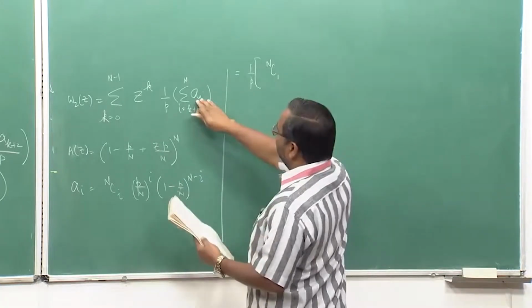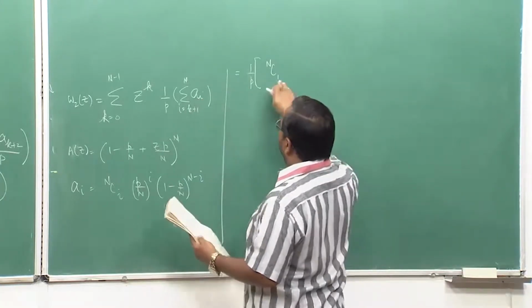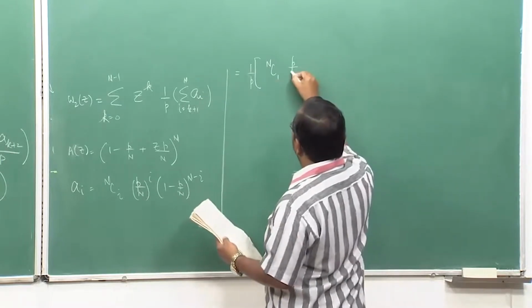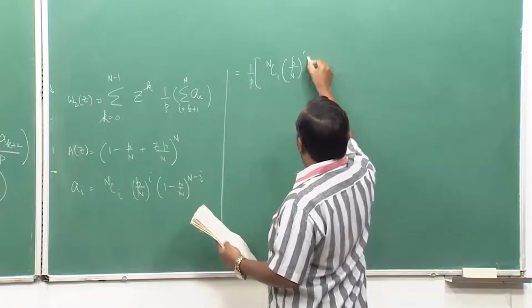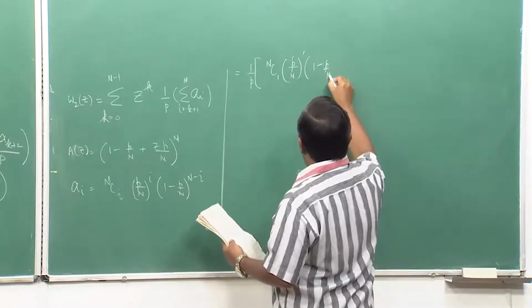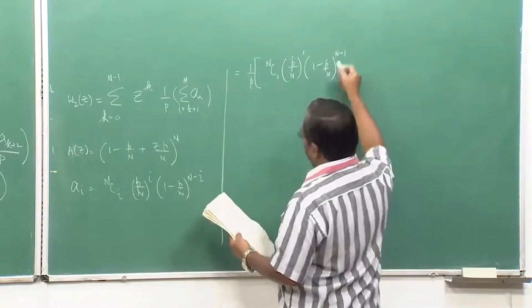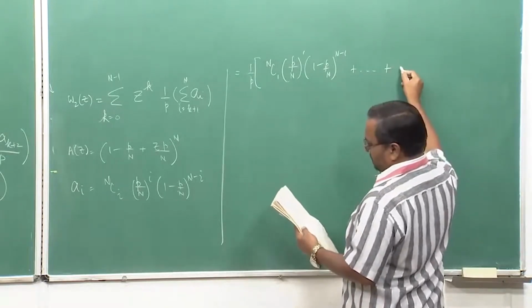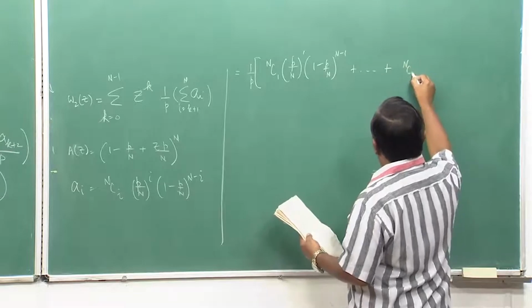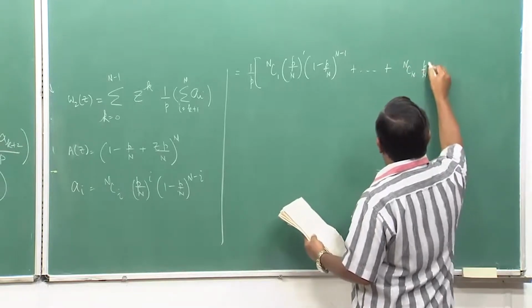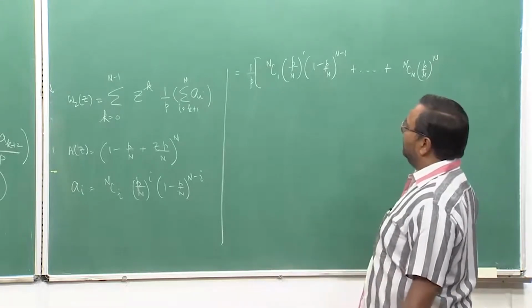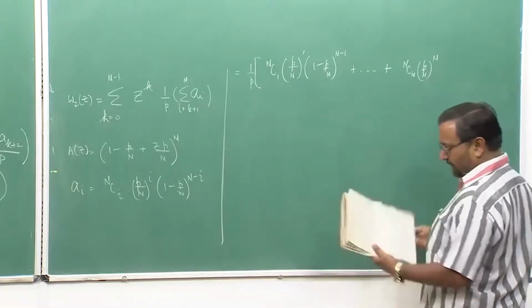So, I can now write down Ai starting from k equal to 1. So, this will be p by n, and the last value will be p by n raised to the power n. So, this is when k is 0.